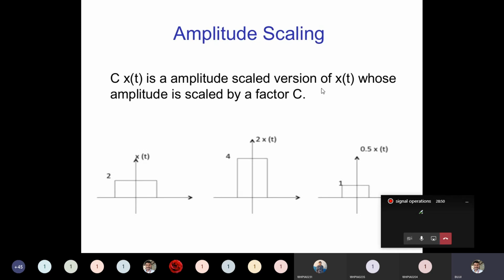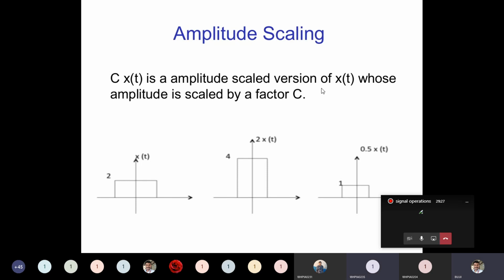Whenever it is less than 1, the amplitude decreases. Simply based on the value of factor c, the amplitude may decrease or increase.